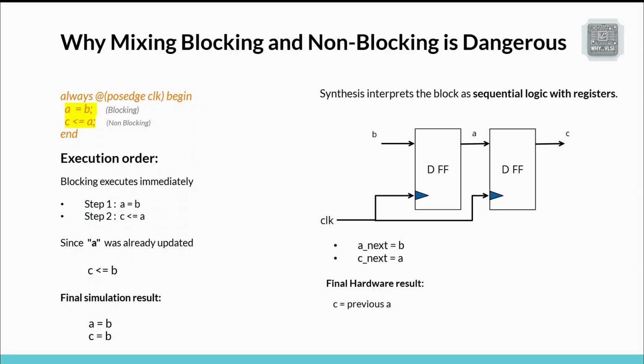The first flip-flop stores the value of B into A. The second flip-flop stores the value of A into C. This means in the real hardware, C actually receives the previous value of A, not B. So simulation results become different from the actual hardware behavior. This difference between simulation and hardware is called the simulation synthesis mismatch.